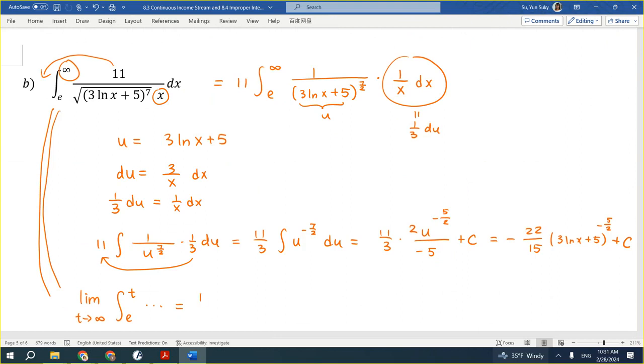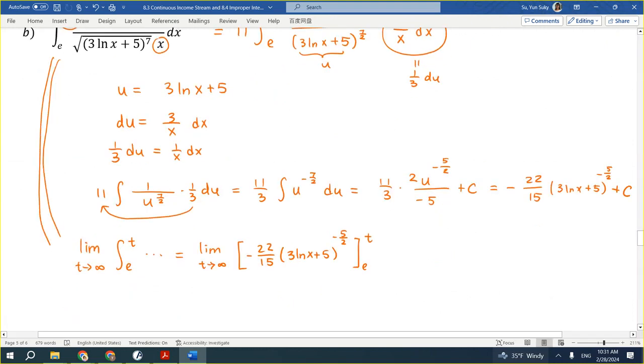It's going to be the limit as t goes to infinity, and we have negative 22 over 15 times 3 ln x plus 5 to the negative 5 over 2, evaluated from e to t. After we get the indefinite integral, then we can plug in the limits of integration.